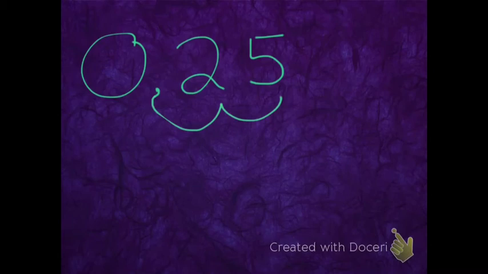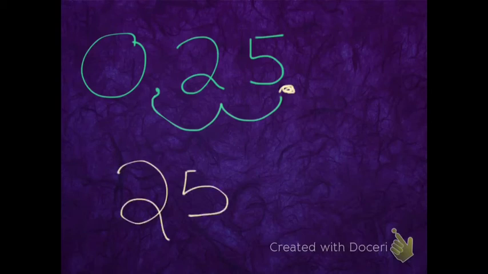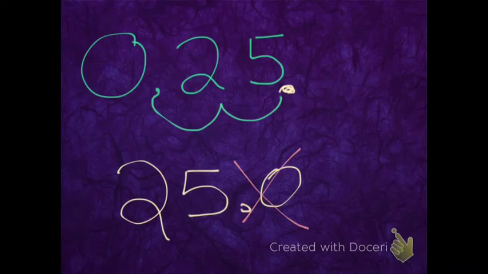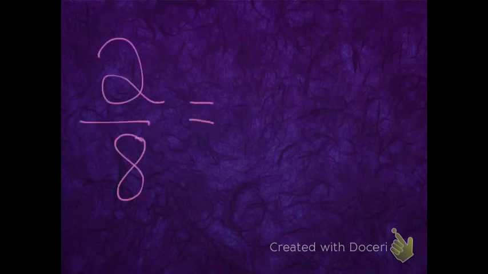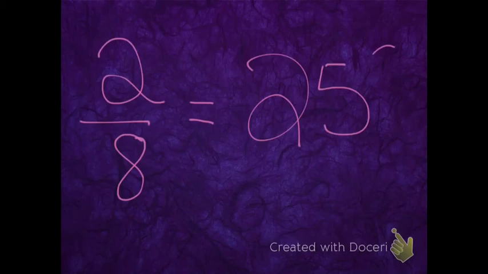And when you move it over 2 places, you'd get 25.0. Then what you would do is get rid of the 0, and you would have 25. So 2 eighths equals 25%.